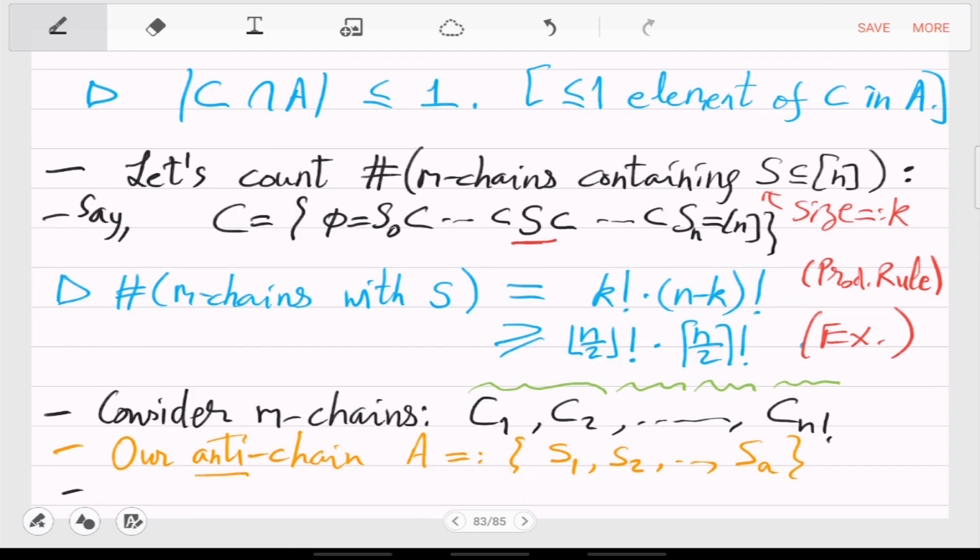Right, because any set you take, like we did in one of the blue properties, we took this set S and we counted how many M chains there are. So there are always M chains for any set. So each of these Sis actually has corresponding chains where they appear.